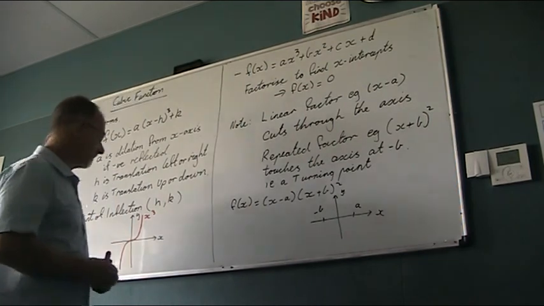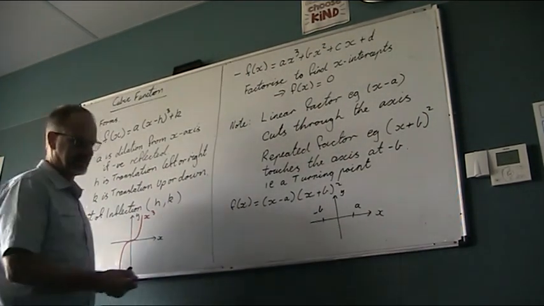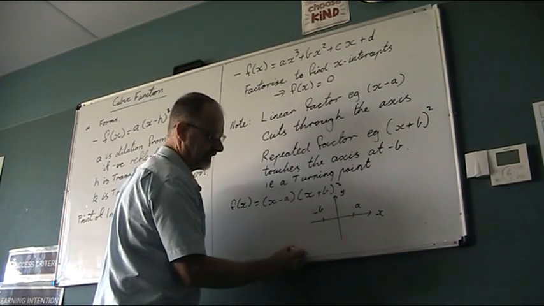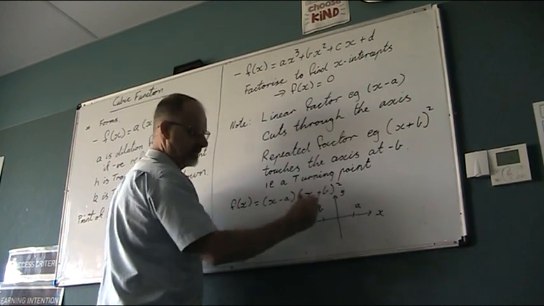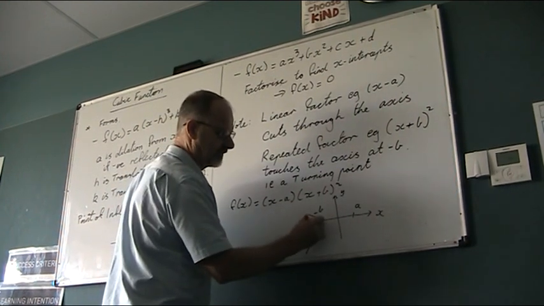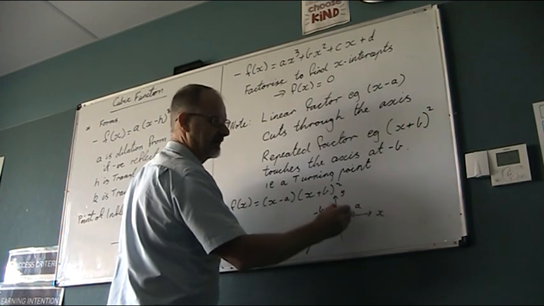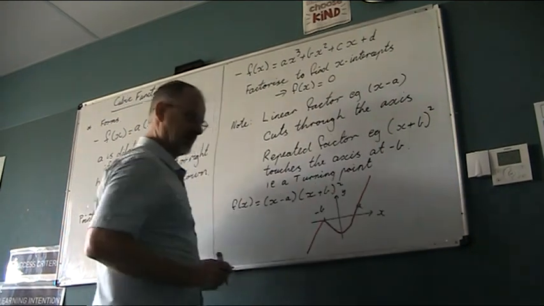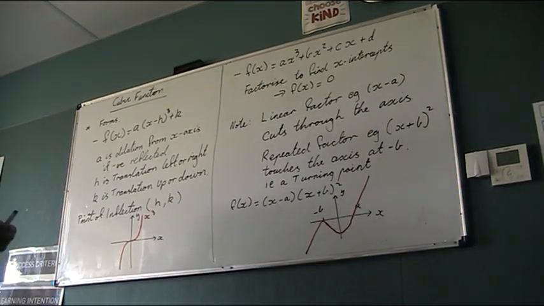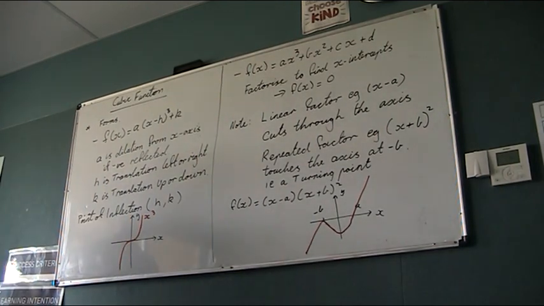So it starts down here in the bottom left, heads up to b. Now b is a repeated factor, squared, so it turns around, comes back, then it's got to get back up to here, goes through there somewhere, and up like so. Alright.